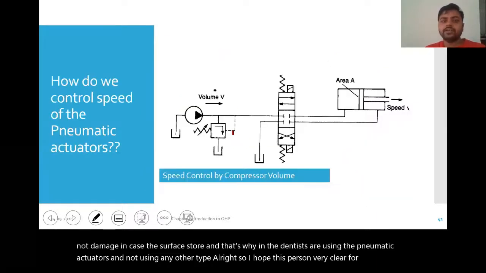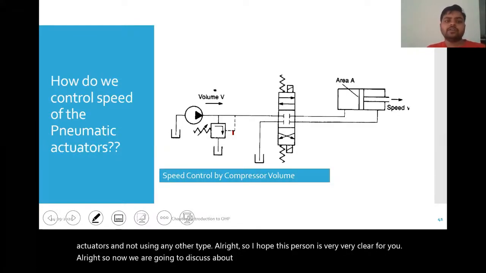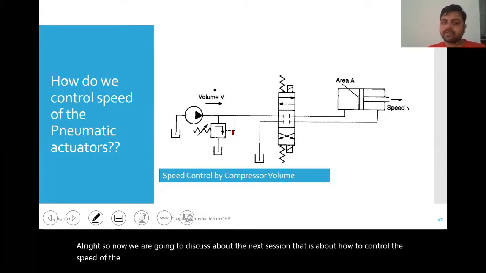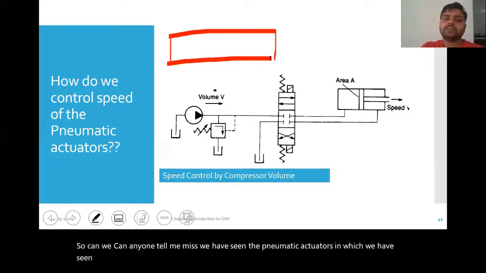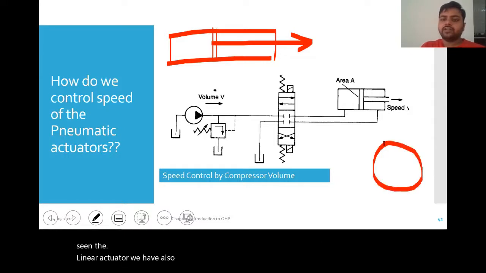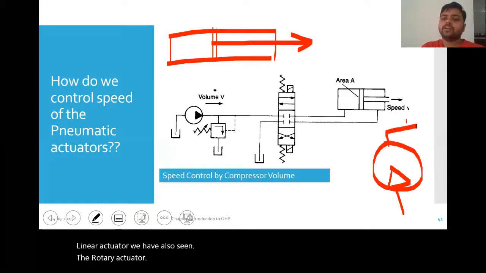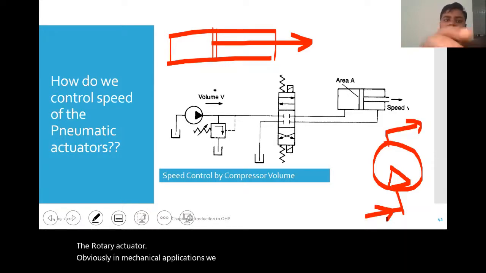Now we are going to discuss the next section, which is how to control the speed of pneumatic actuators. We have seen the linear actuator, and we have also seen the rotary actuator. Obviously in mechanical applications we need to control the speed.